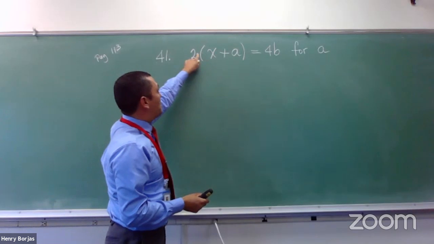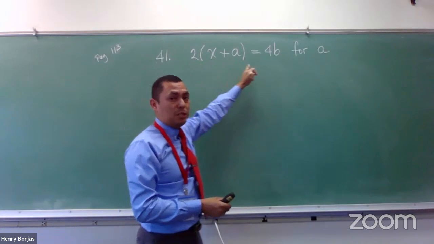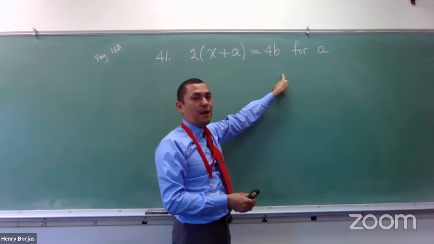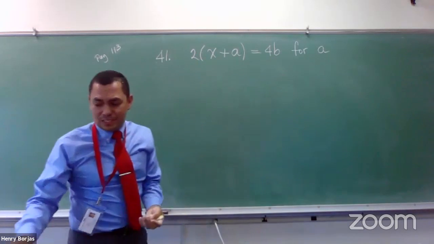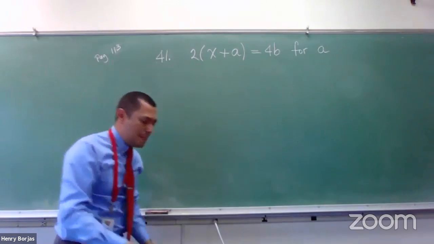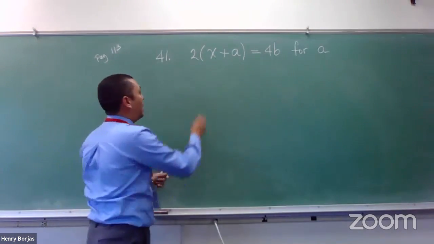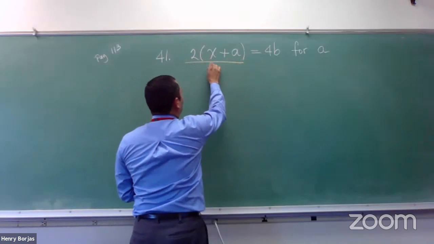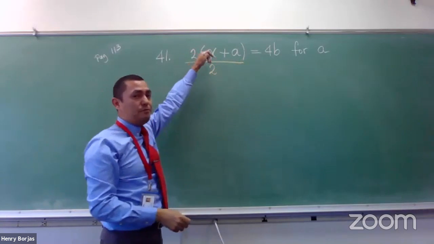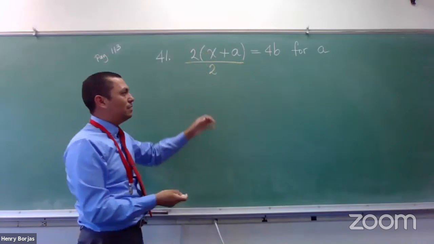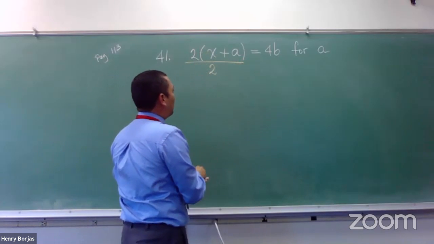But in this case, if I divide both sides of the equation, I can move this 2 to the right side and then simplify with 4, which will make things a little bit easier and I think will give me fewer steps. So let's try. I'm not saying that if you apply the distributive property, you're not going to be able to solve it. Yes, you can. It's going to be the same. But let's give it a try this way.